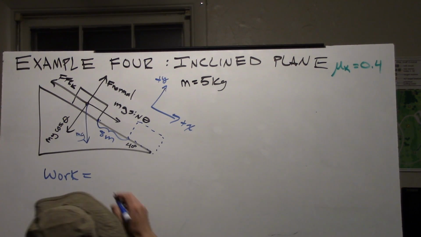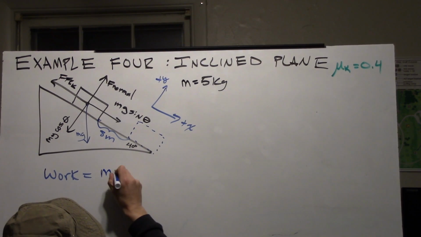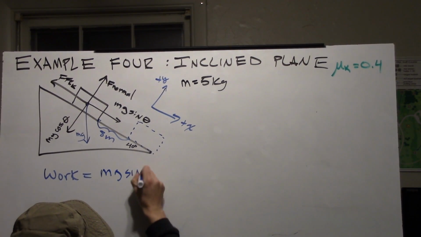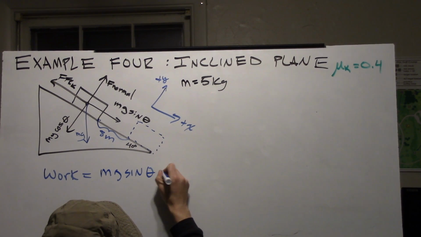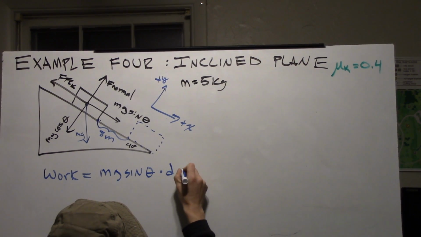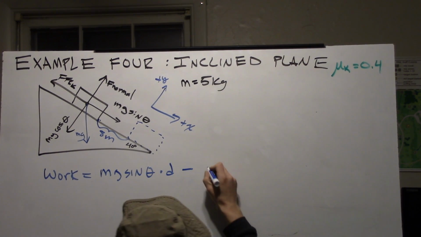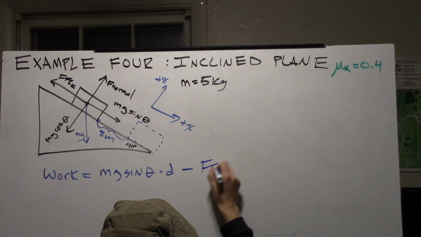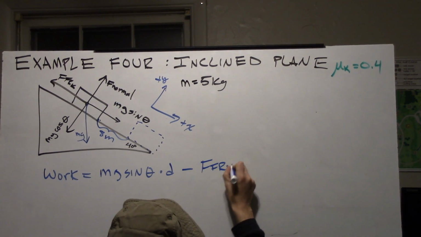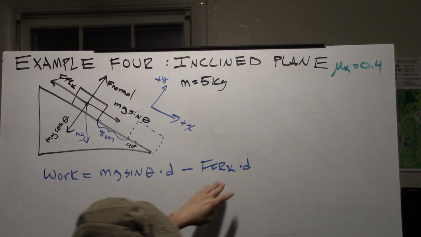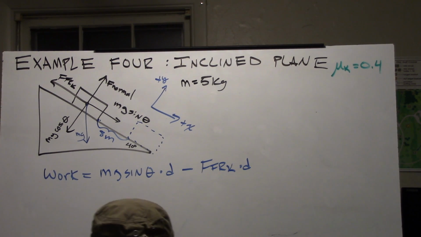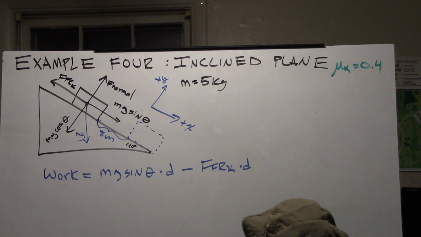So work is mg sine of theta, that's the force, times d, and we'll have minus the force of friction, kinetic, times d.